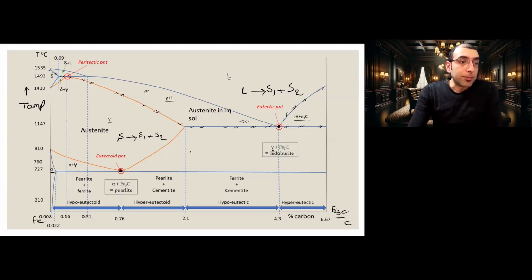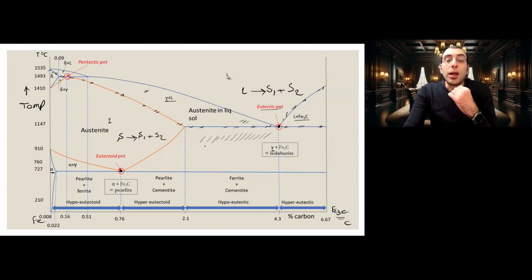So for all the alloys in composition, so in iron carbon composition, for all the alloys with respect to the composition of carbon that have a lower amount of carbon than this eutectic point, so they are in a way behind this point, they are called hypoeutectic alloys.